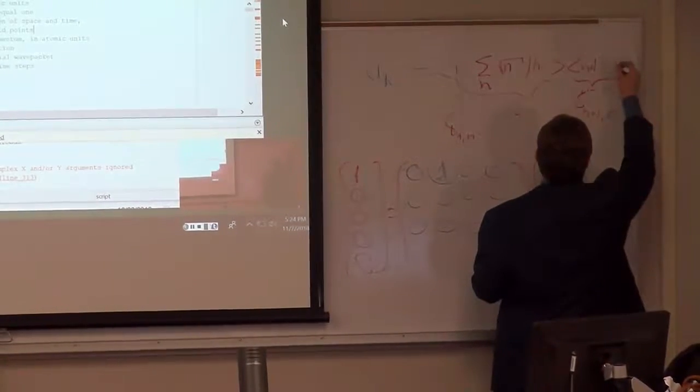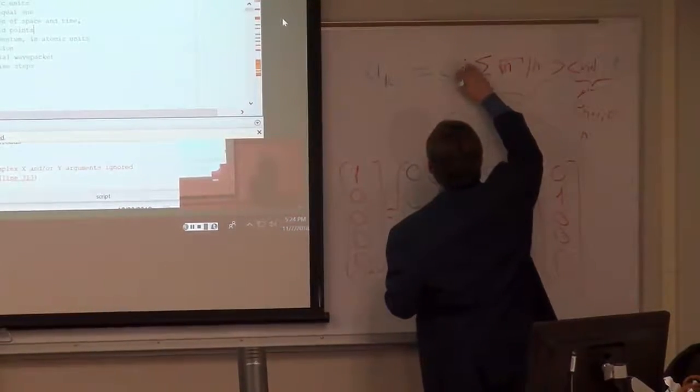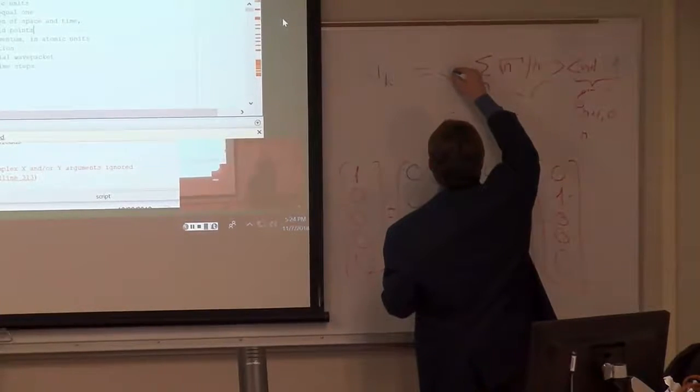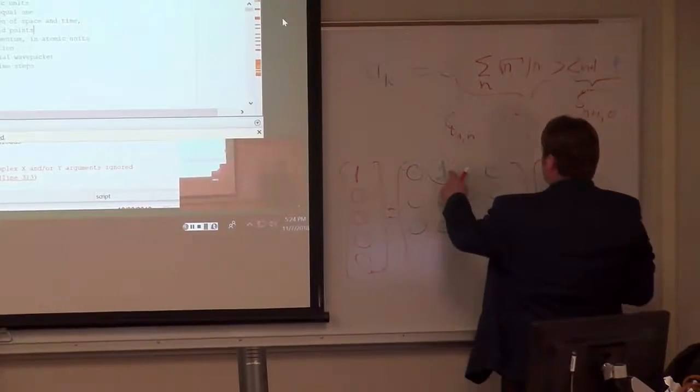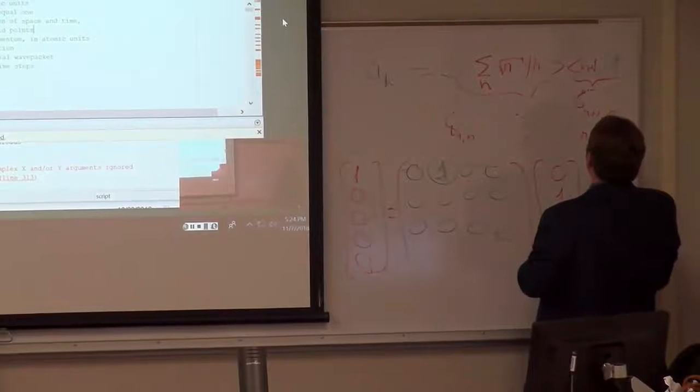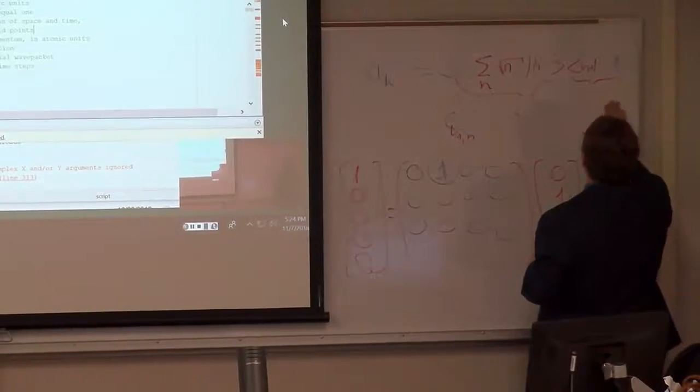So if you start from 1 here, and if we get 0 at the end, we should obtain 1. So delta n plus 1, comma 1.